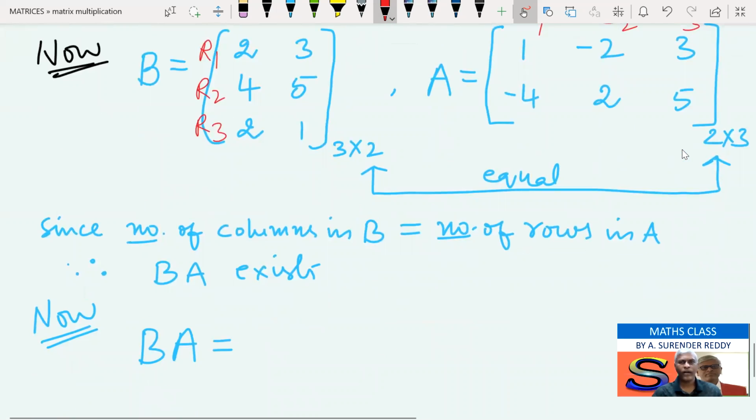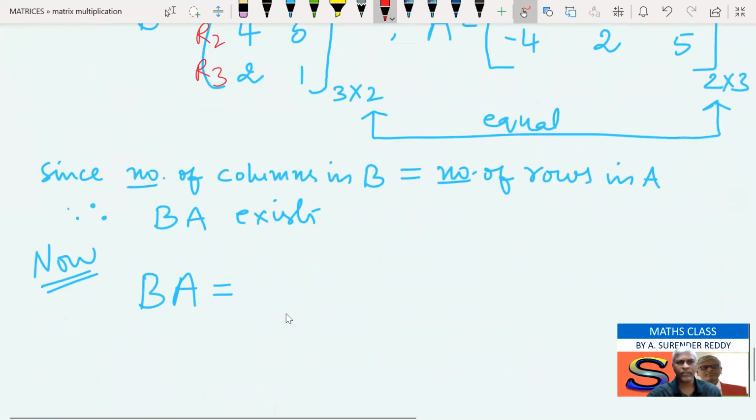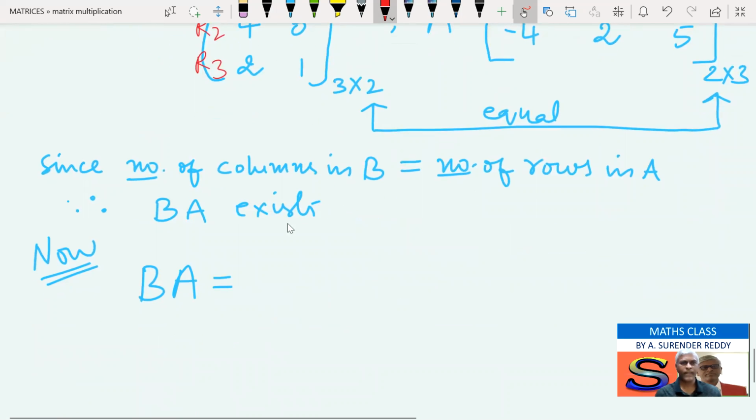Now R1, C1. The multiplication is R1, C1, R1, C2, R1, C3. 3 columns are there.